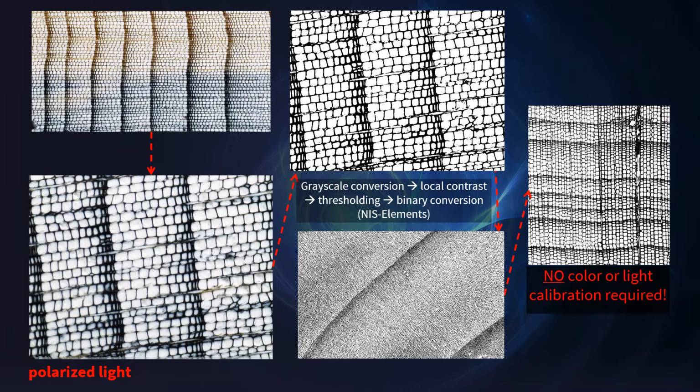An interesting side note is that to measure these images, there's no light or color calibration required at all, because we've removed any sort of brightness or color from the equation altogether, just by having this binary black pixel, white pixel structure of the sample surface.